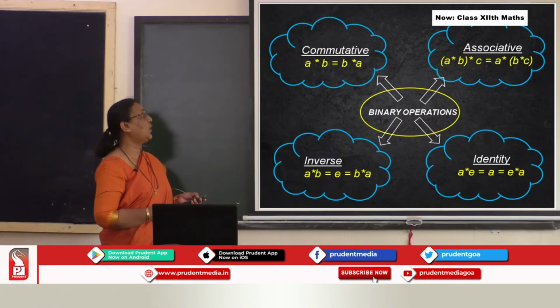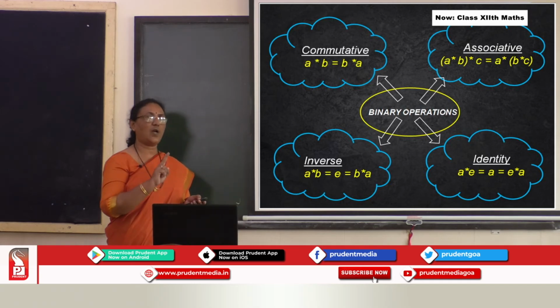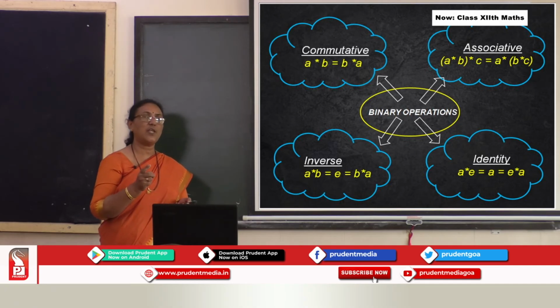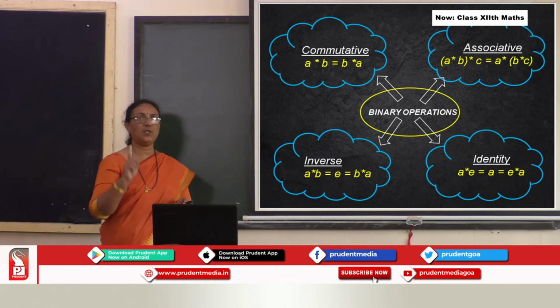In commutative only 2 things are coming, note this, don't make a mistake. Don't confuse commutative and associative. In associative A, B, C are there, in commutative only A and B are there. Associative has 3 things.